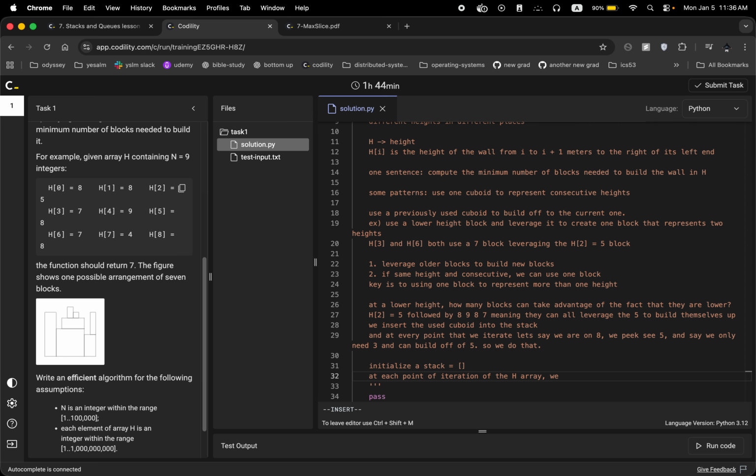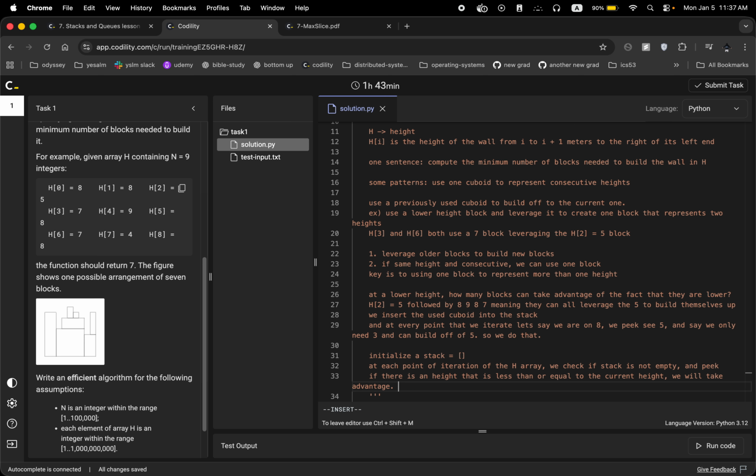We check if the stack is not empty and peek. If there is an element, a height, that is less than or equal to the current height, we will take it. We will take advantage.